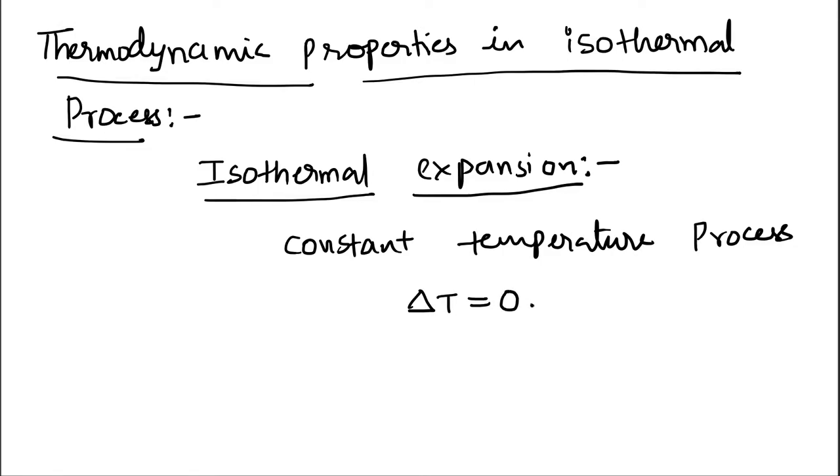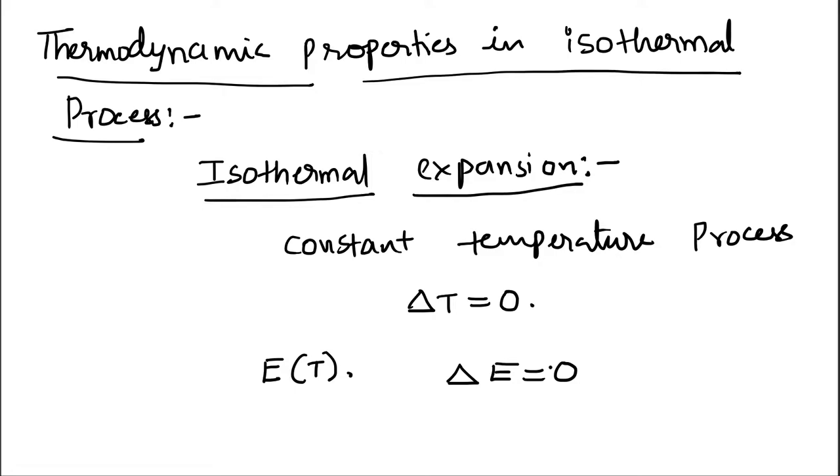And also we know that internal energy is only a function of temperature. Therefore, here internal energy change delta E is equal to 0 because there is no change in temperature.